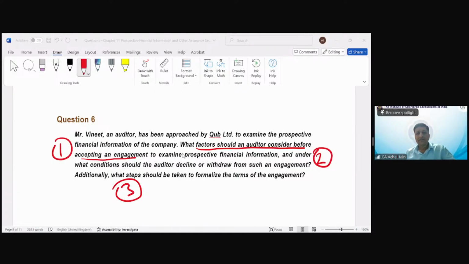If the prospective financial information is inappropriately prepared, so the assumption is not clear, the consistency is not clear, the intended use is not clear, he can always think about the modification of the opinion, or he can think about the possibility of withdrawing the engagement. See, I am always incorporating the possibility now.